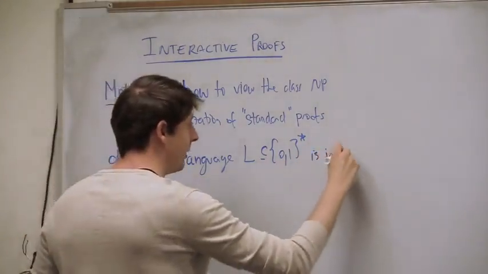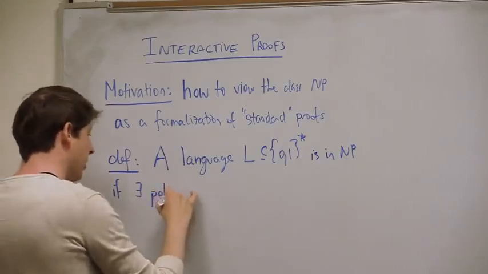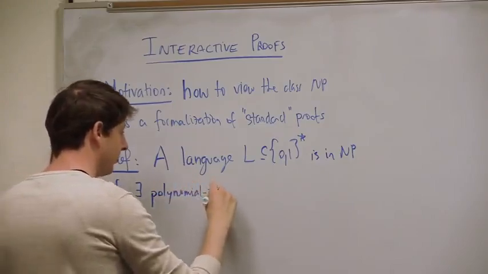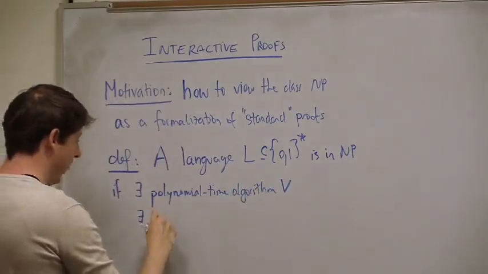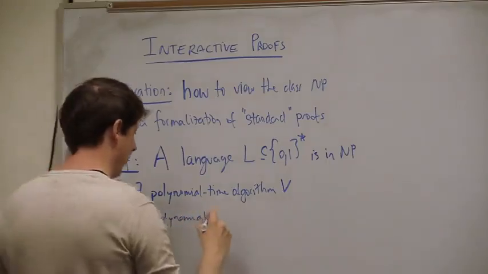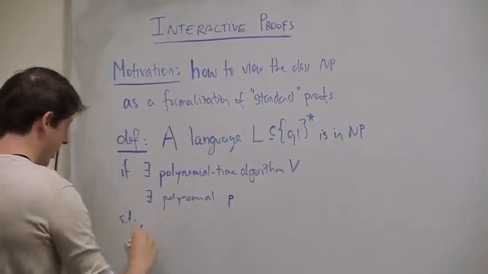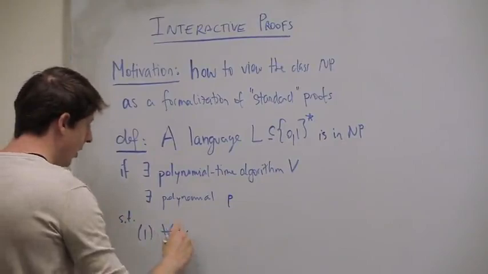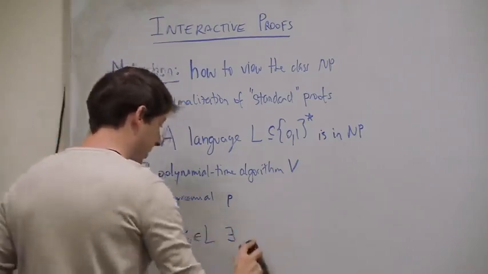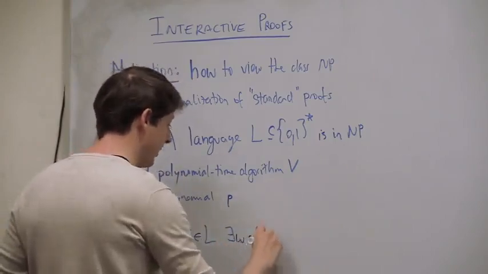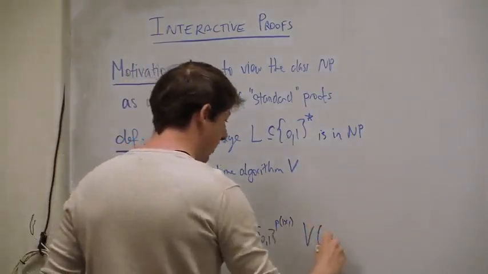Language L is in NP if there exists a polynomial time algorithm V, and also there exists a polynomial p, such that for every instance x in the language, there exists a witness of polynomial size, of size p(x), that makes this algorithm V accept.